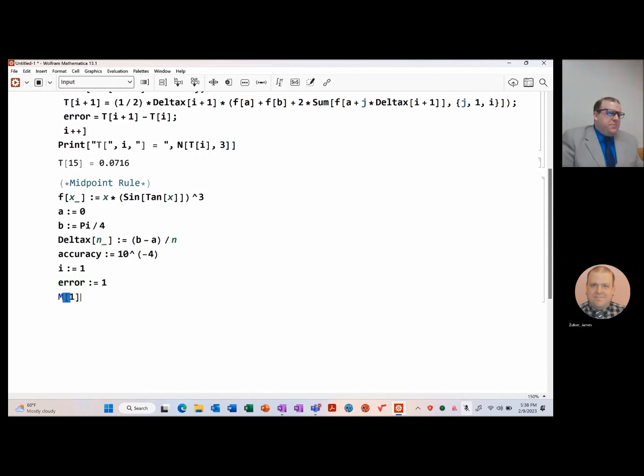Like with trap rule, I'm going to need M1 for my code. Let's go ahead and define M1. Delta X of 1 times, it'll be what?